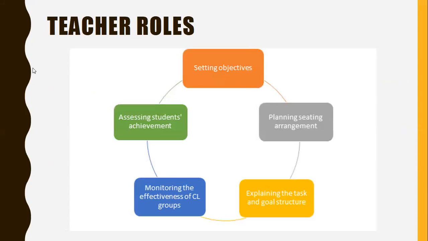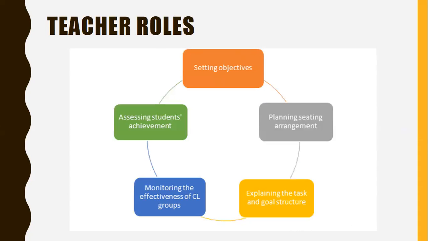Okay, so here you have the teacher role. These are the five main important roles of the teacher. The first one is setting objectives, planning, and giving arrangement. That is important. You have different forms to seat the students. Well, they are going to be in groups, but we can have different ways to do it, so you have to plan that.